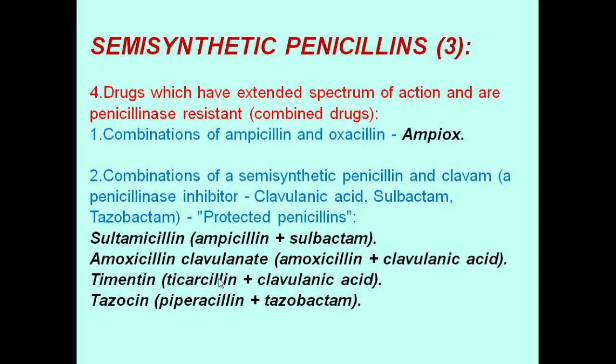Ticarcillin belongs to carboxypenicillins. And tazocin is piperacillin, one of the ureidopenicillins, plus tazobactam, one of the clavams. These are penicillins having a wide spectrum of action and effective against staphylococci.